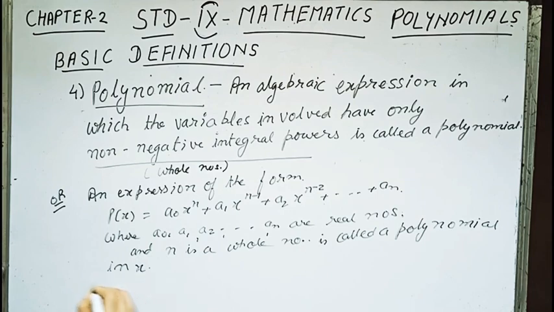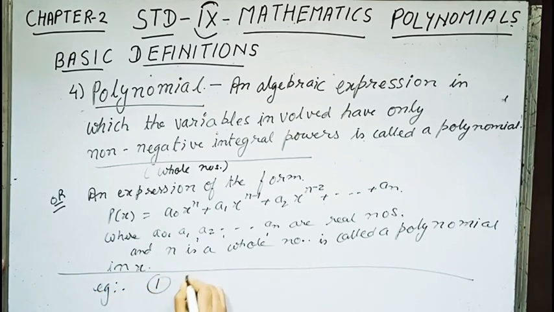Over here we have taken the variable as x, so I have written it is a polynomial in x. Now the example which we can take, for example 1, p(x) equals 5x square plus 4x plus 3. Here we can see the power of x is 2 and 1. So it is a whole number, it is not a fraction, it is not an irrational number, so it is a polynomial.